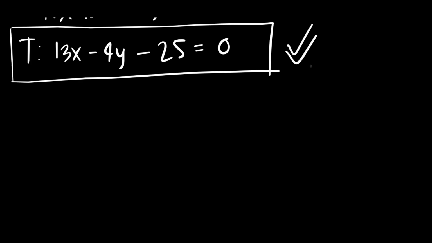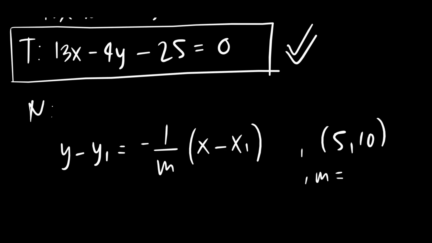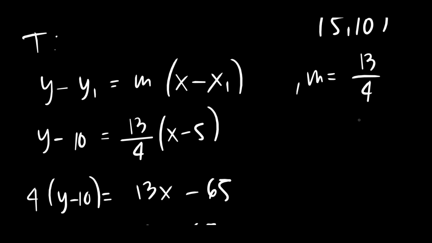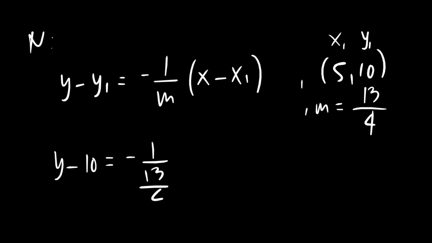So for the normal, we have y minus y sub 1 is equal to negative 1 all over m multiplied by x minus x sub 1. So at the point 5 and 10, and m is equal to 13 all over 4. So y minus 10 is equal to negative 1 all over 13 all over 4 multiplied by x minus 5.